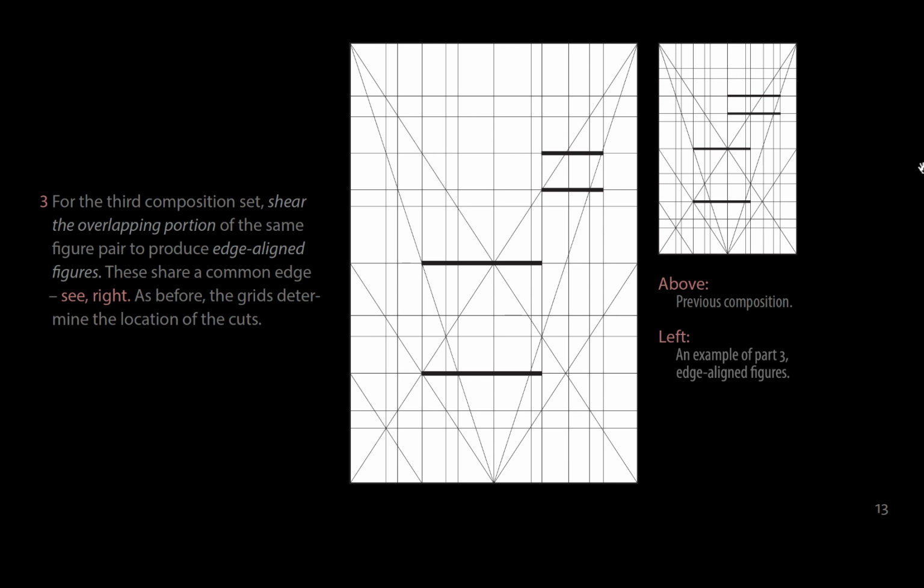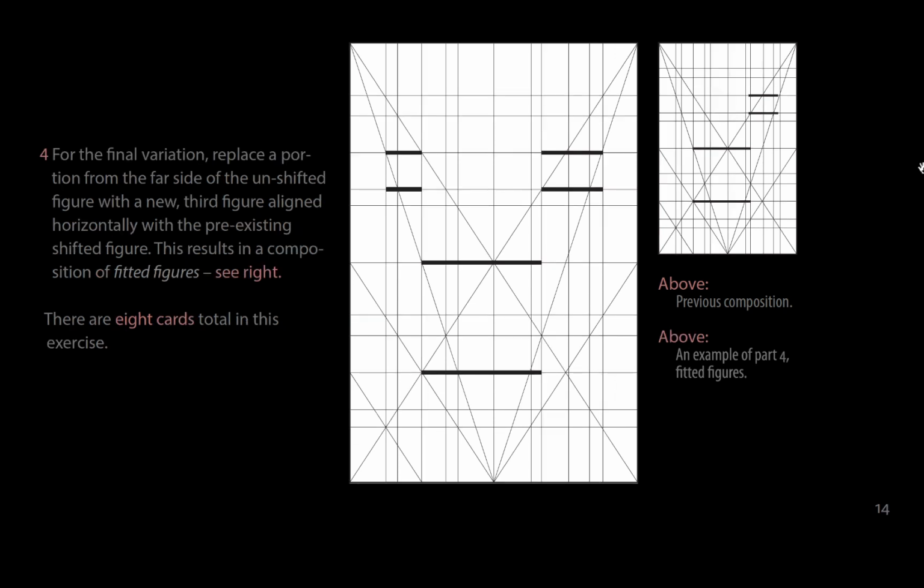Next, you are going to shear the shifted figure, meaning that the figure that you move to the right or the left will now be cut off where it overlaps the second figure that was stationary. Again, in the top right, you can see that second step, and then the third step here with our sheared figures, or our edge-aligned figures, is larger.